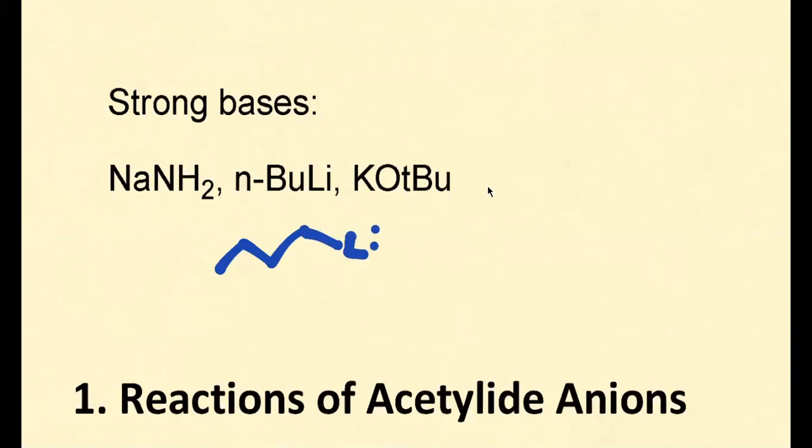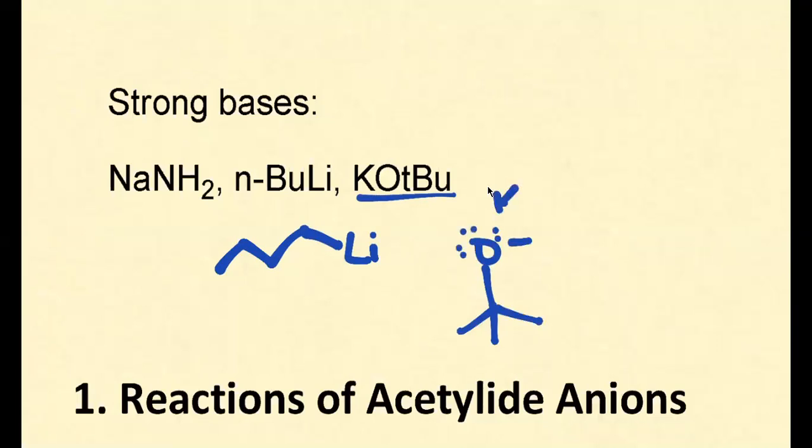It's a really, really, really strong base, right? And then potassium tert-butoxide, which is here, is an alkoxide base, where it's a negatively charged oxygen and a positively charged potassium. Very strong base.